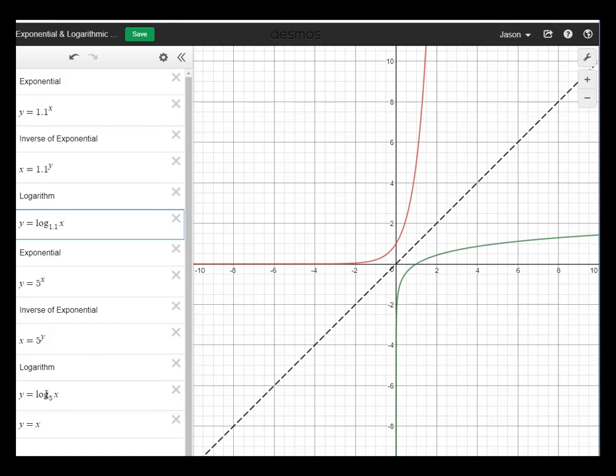Because what that turnaround says is the exact same thing. It's saying y equals the power to which you raise 5 to get x. So I just type it in as a logarithm, and that green line changes to a purple line.